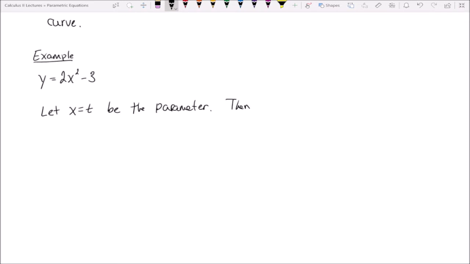Then notice what we get. We get that C of t would be t, then 2t squared minus 3. And this will be true for all values of t.